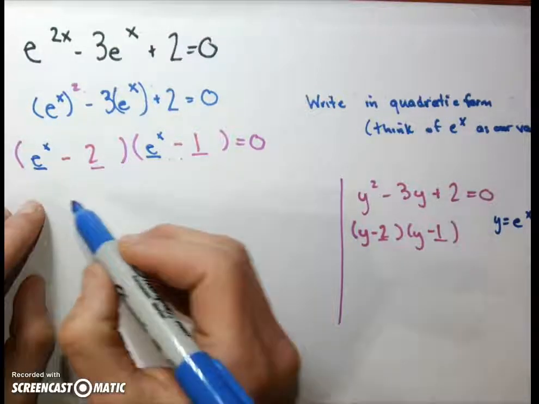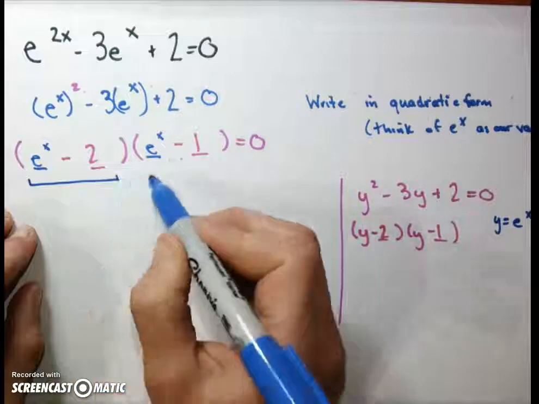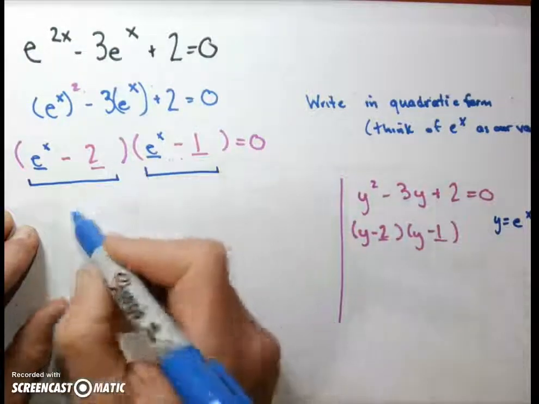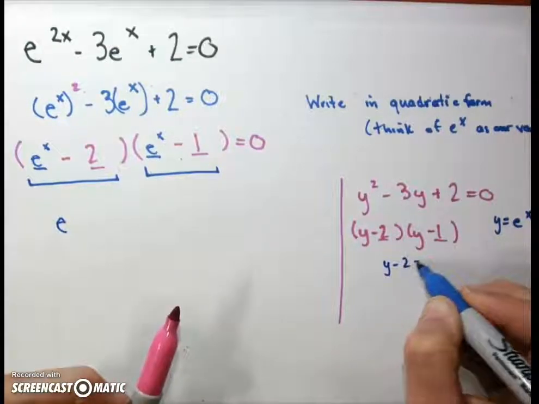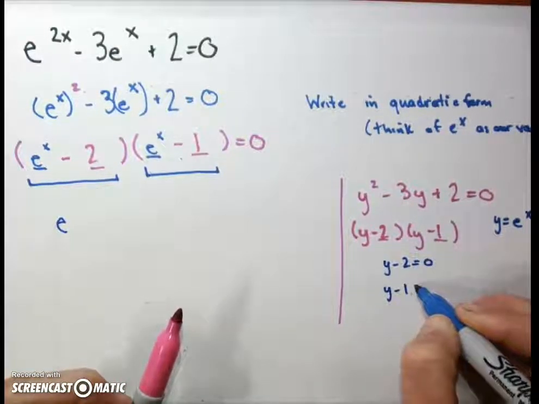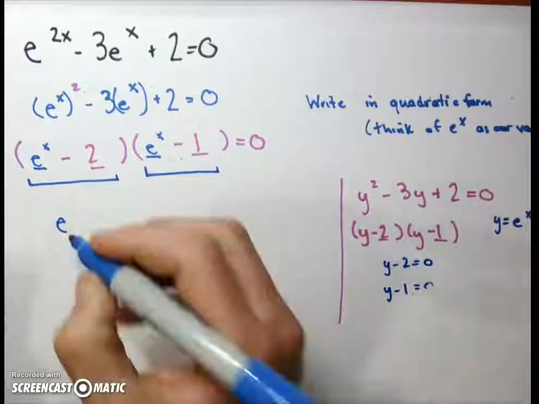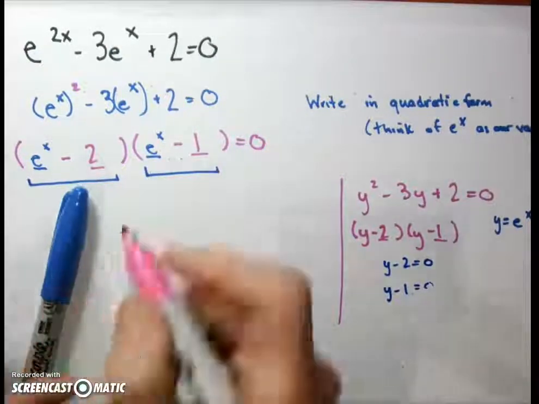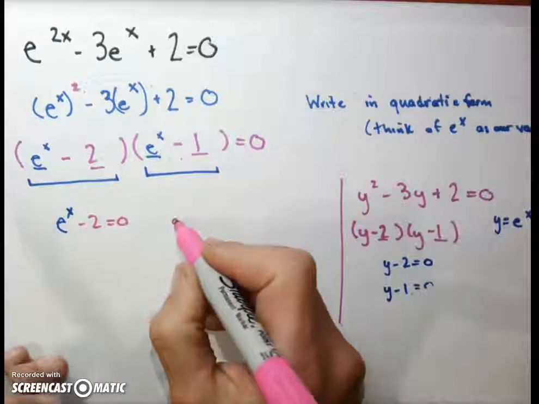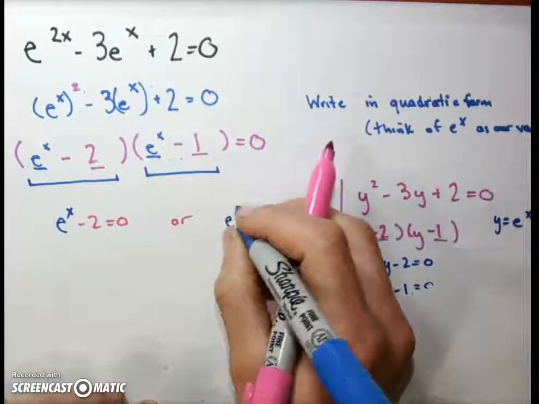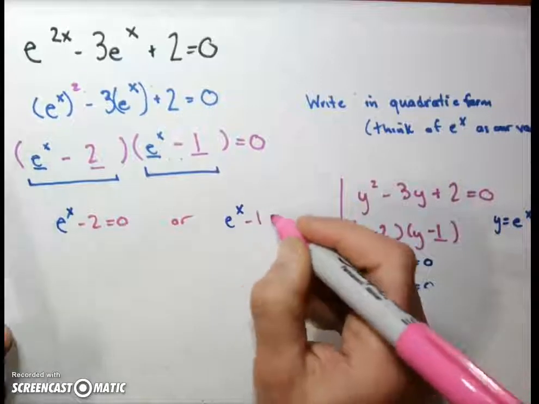So now what I can do is set each of these equal to 0. Just like I would in this case, I would say, so y minus 2 equals 0 or y minus 1 equals 0. So in this case, I have e to the x minus 2 equals 0, or e to the x minus 1 equals 0.